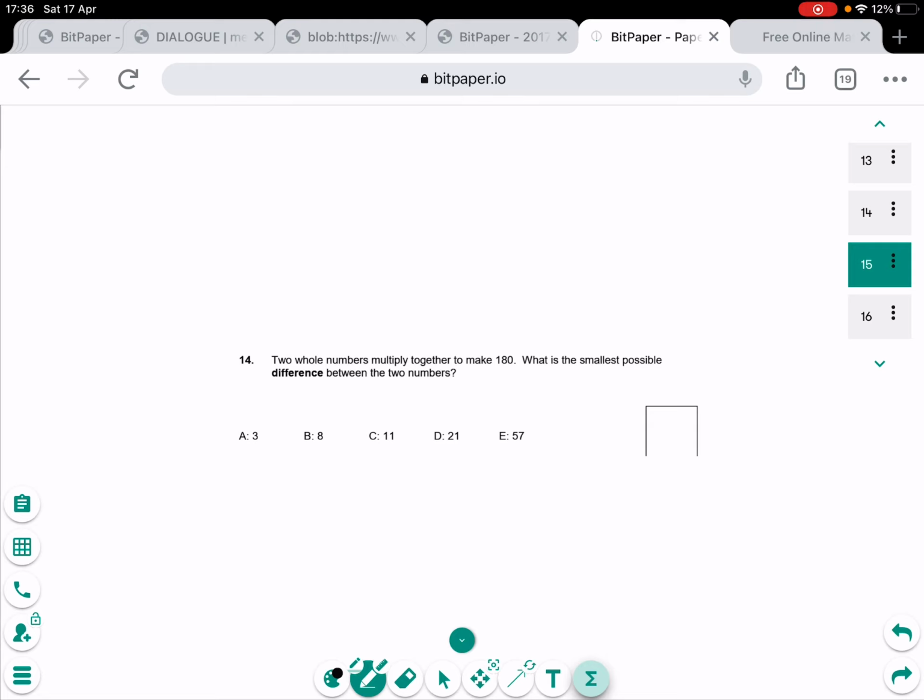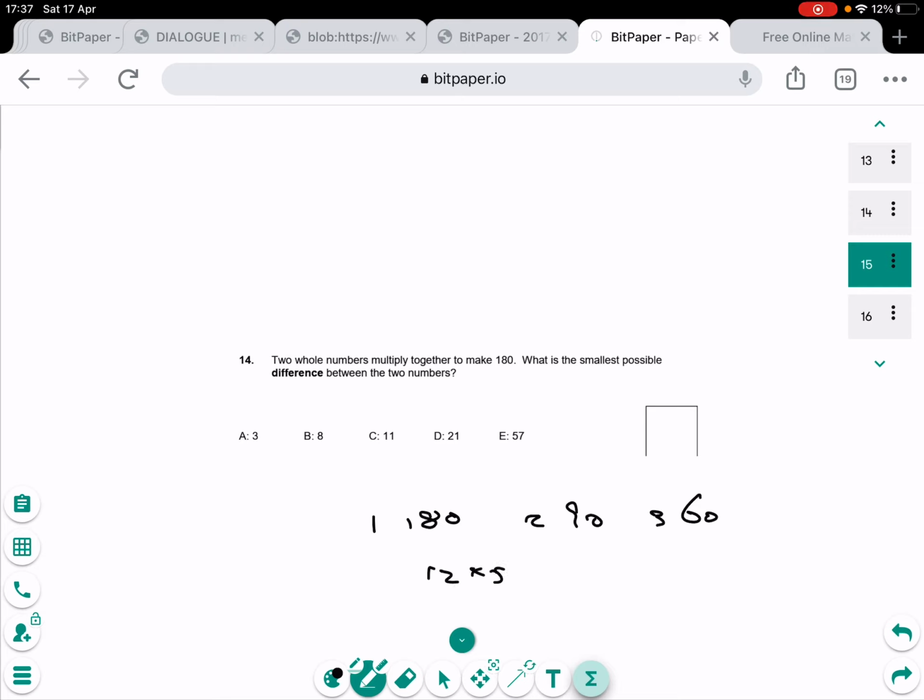So if we want the factors to make 180, 180 is 60 times 3, and 60 is 12 times 5.